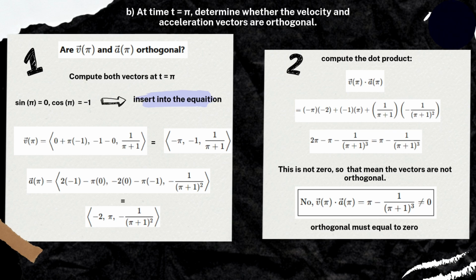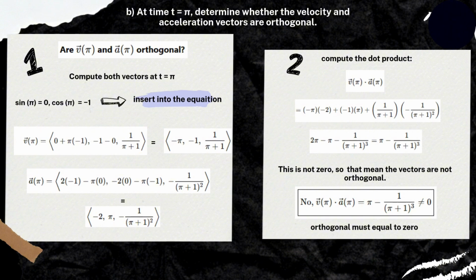After that, we compute the dot product, which is v of pi times a of pi. We multiply x by x, y by y, and z by z.